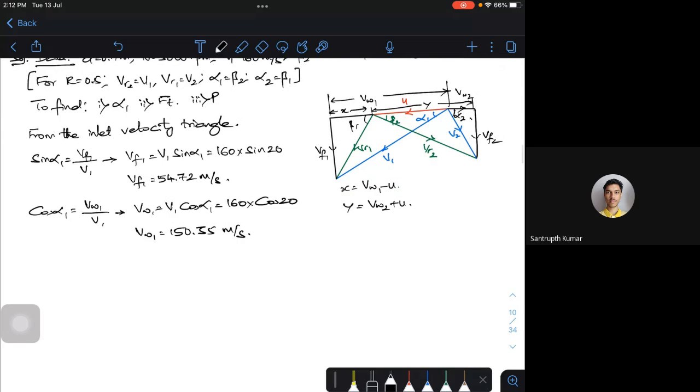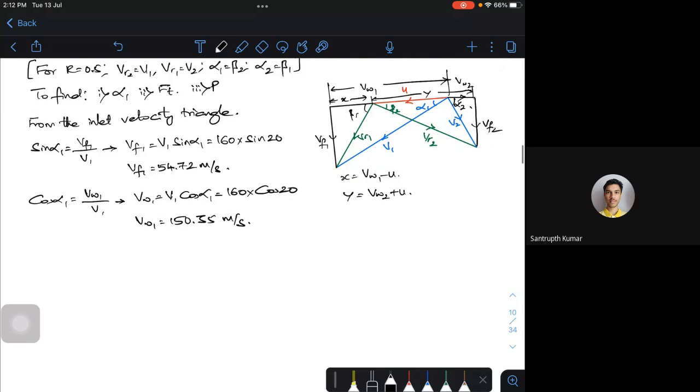Now, what is your tan beta 1 from the same velocity triangle? Tan beta 1 is equal to the opposite side, which is Vf1, divided by your x. So what is your x actually?